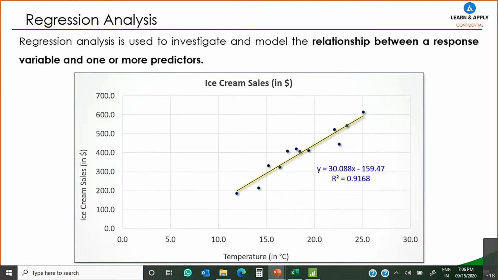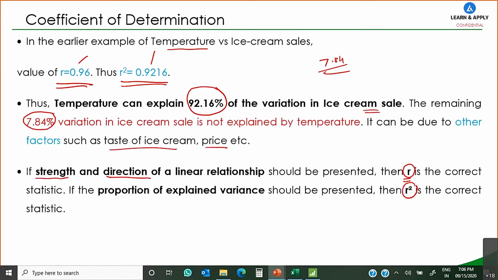Sir, small question. Now we have taken temperature as an input and sales as an output. Can we have one more input here? Yeah, we can add. If we add one more input, will R square get affected?